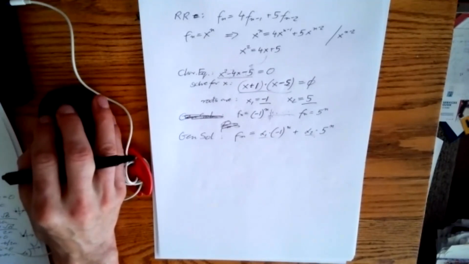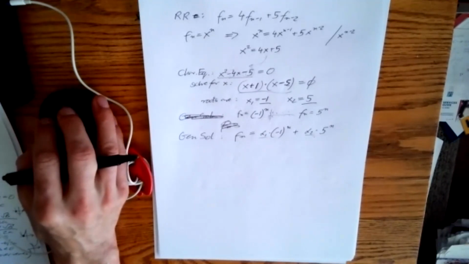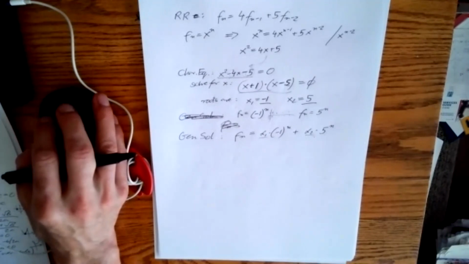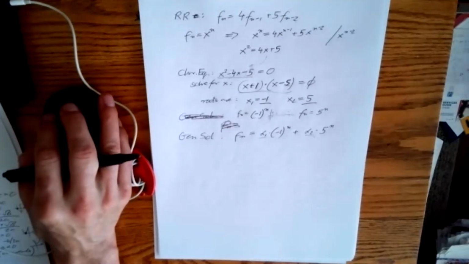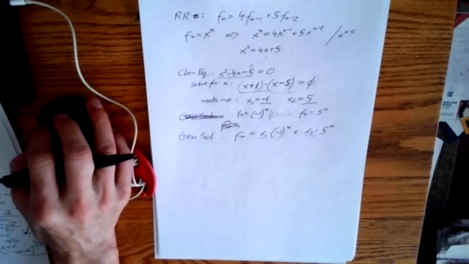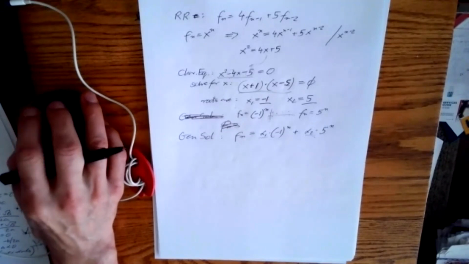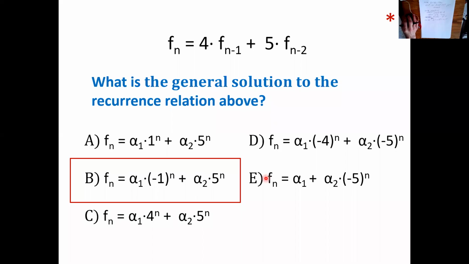So there is like a switch, and if you do this fast, like on a test, you might make a mistake. So just watch out for that, right? It's a very simple thing, but if you try to do it too fast, you might make a mistake there.